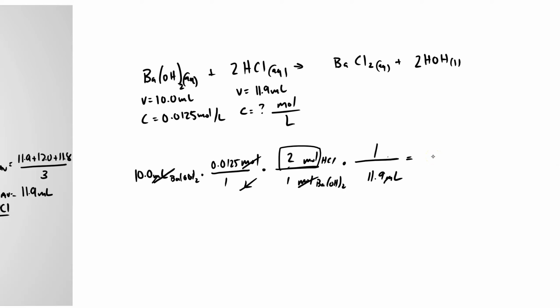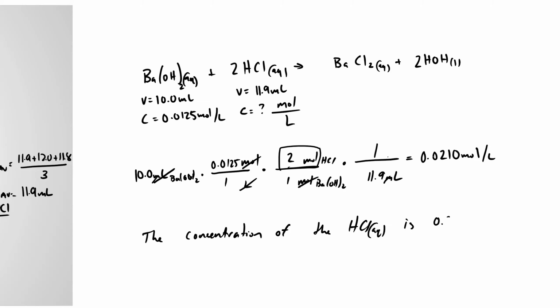The final answer would be 0.0210 moles per liter. And so that tells me my concentration. The concentration of the HCl solution is 0.0210 moles per liter.